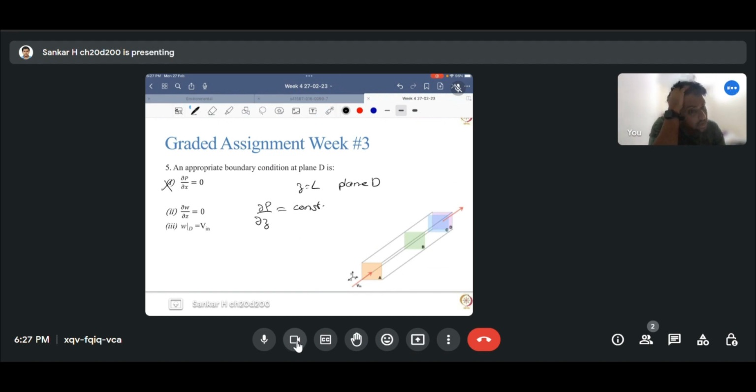It's not zero, because there is a parabolic velocity profile that's developed towards the end of the plane, the boundary given here. Therefore, there is a variation of pressure in the x direction and y direction, but not in the z direction. Second point is the variation of velocity with respect to z equal to 0.